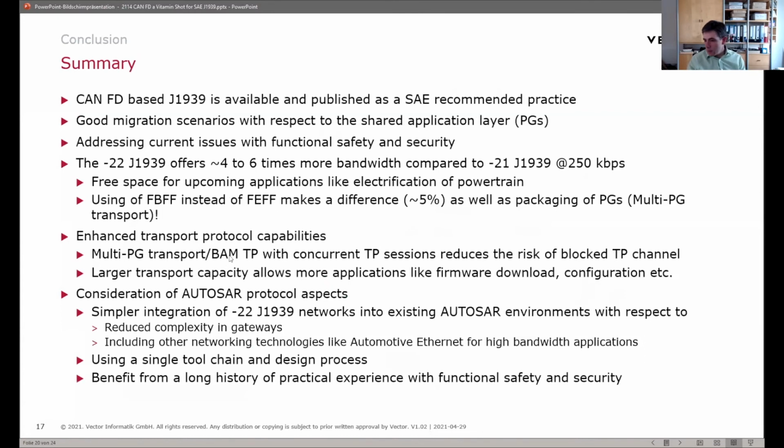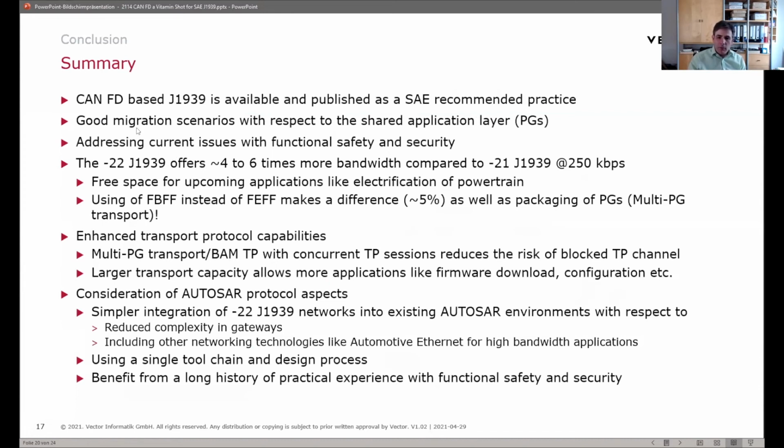So in summary, the CAN FD J1939 specification is available and already published, so you can start right now. There exist migration scenarios. As I showed, you need to consider this for your own product strategy.